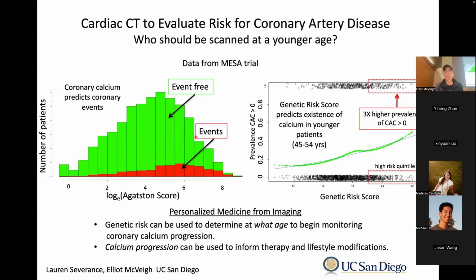So there are people who have very high calcium scores. They just don't have heart attacks. They go all the way till they're 86 and they die of cancer, right? But the ratio of those people who have events to don't have events goes up as you get to higher and higher Agatston score. And so when you look at the statistics, there's an absolute correlation between those people getting events.